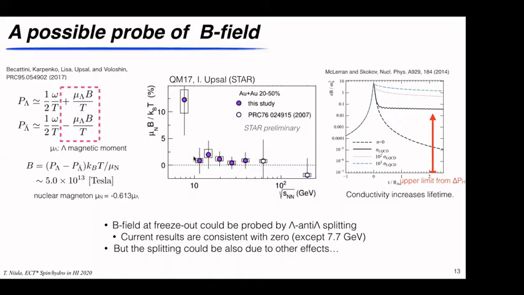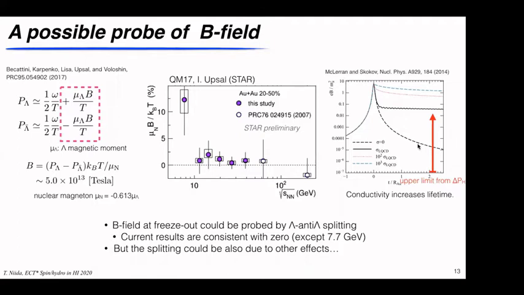If you calculate the average of this value, it roughly becomes of the order of 10 to the 13 Tesla, which is actually large. With better precision of the data, we may be able to constrain the lifetime of the magnetic field, which is unknown and also depends on the conductivity of the quark-gluon plasma.